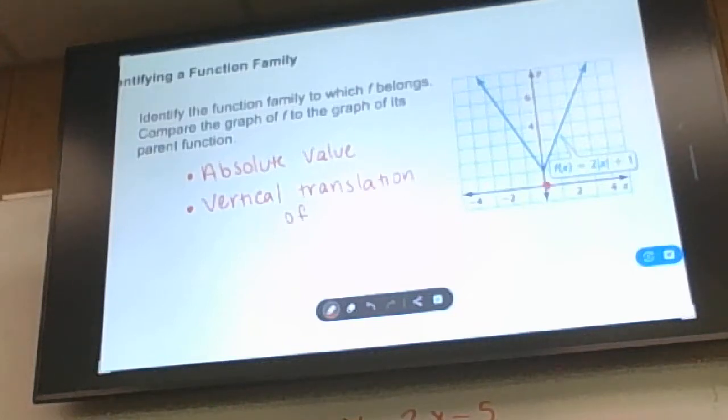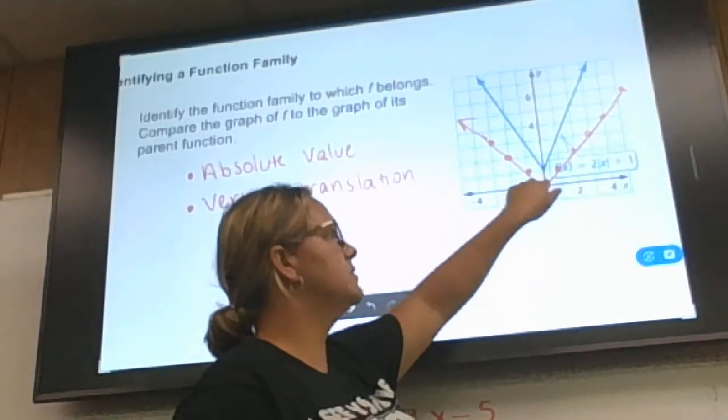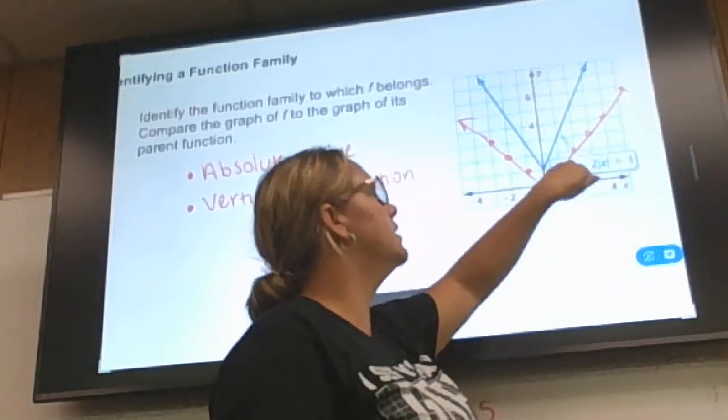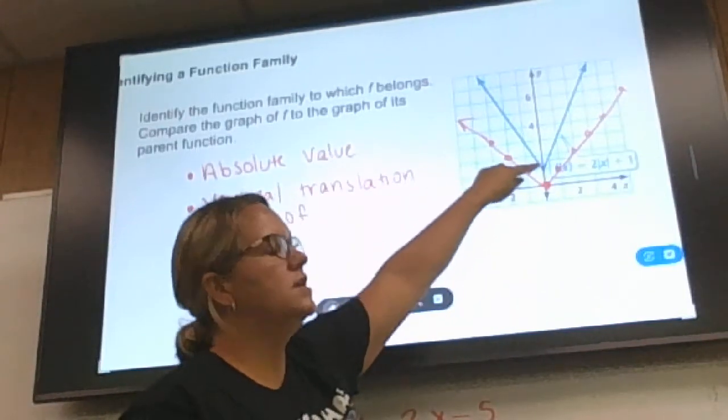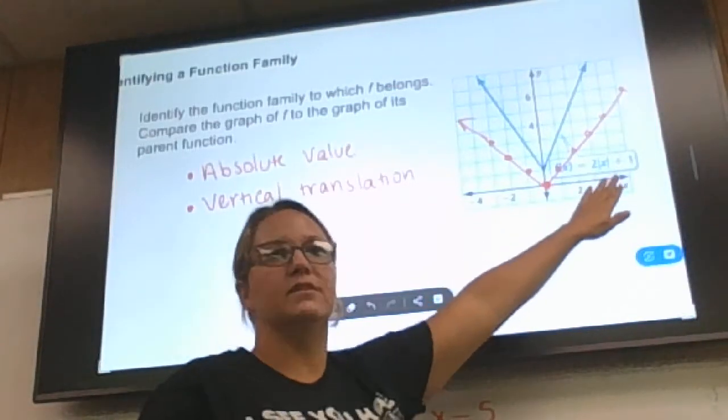So I'm going to draw the parent function on here. And I have the parent functions memorized. And the quicker you do, the easier this is going to be. You can't draw on here because you don't have the slide, but here's the one we just did. It starts at 0, 0, and it goes up 1 over 1, up 1 over 1. So yes, this is translated up 1. Can you see that in the equation?